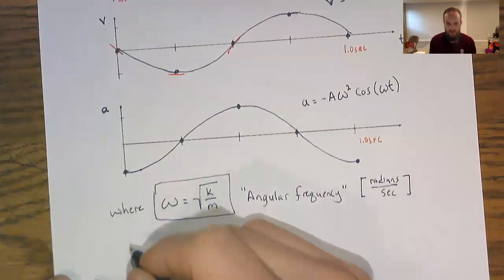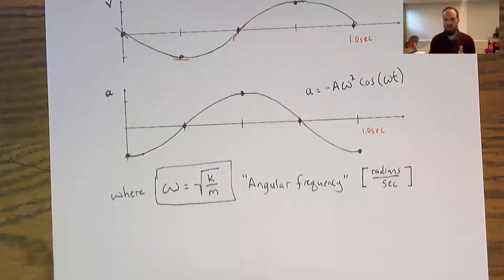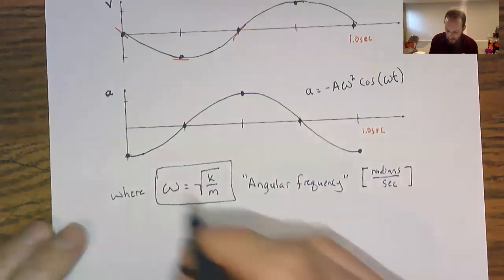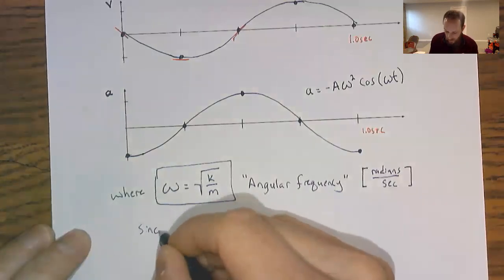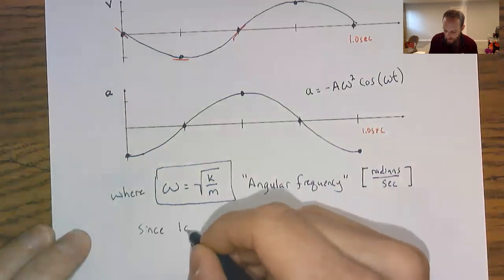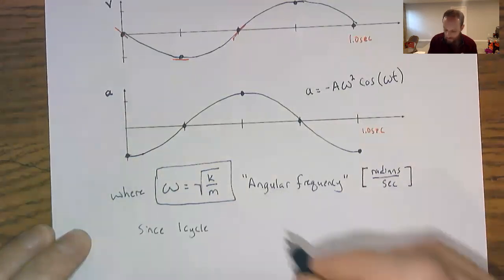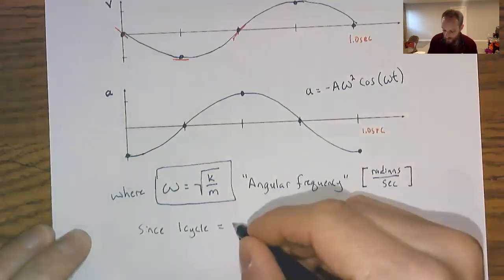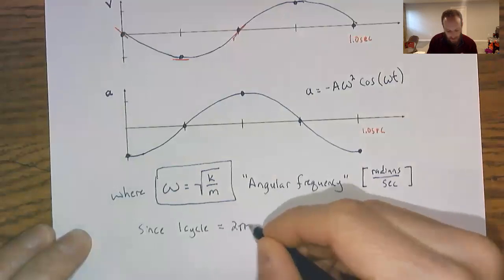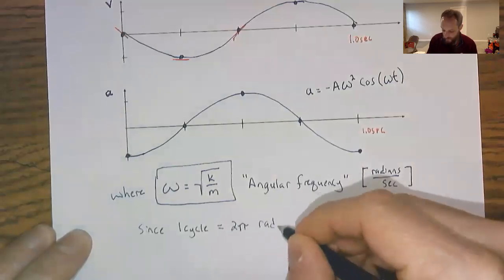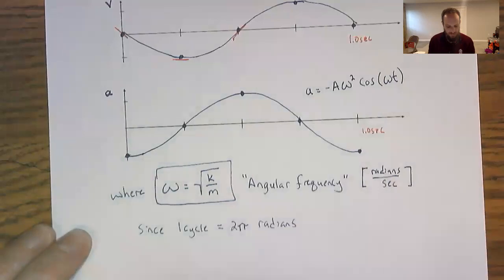And we can connect this with, and we got to be careful because angular frequency sounds a lot like regular frequency. They're similar, but they're a little bit different. And what I want you to see is the connection between the two. So one cycle, if this thing oscillates once, the trig function goes through one cycle, and trig functions repeat themselves every 2 pi radians.